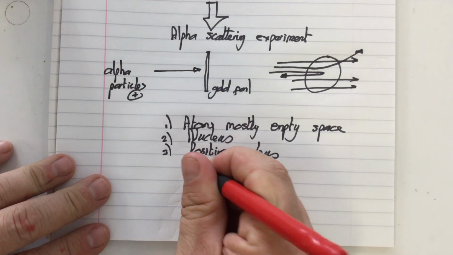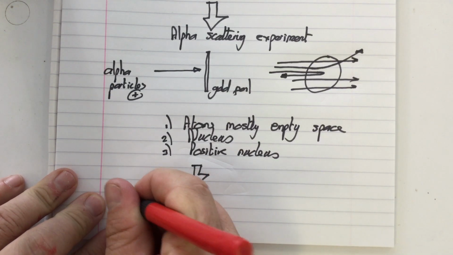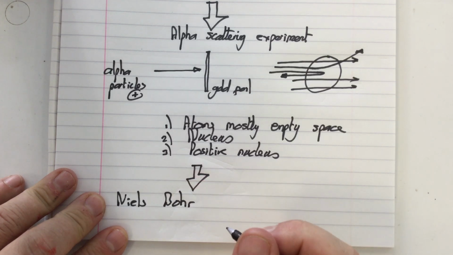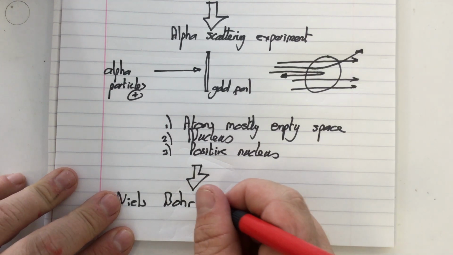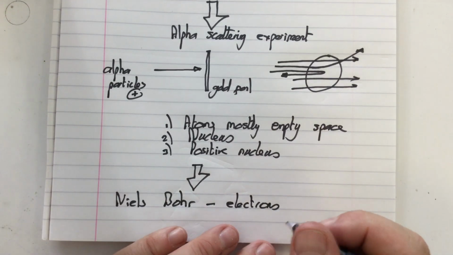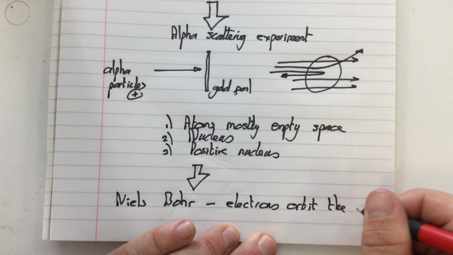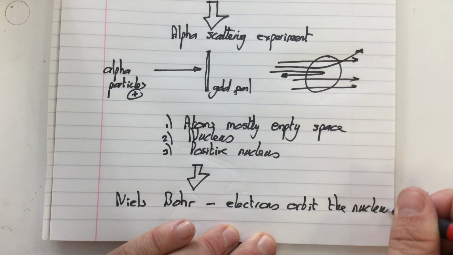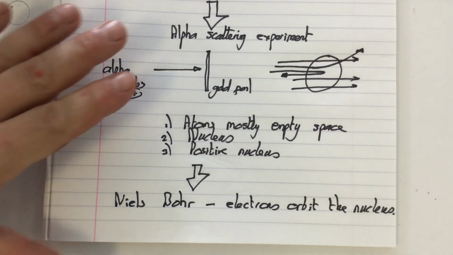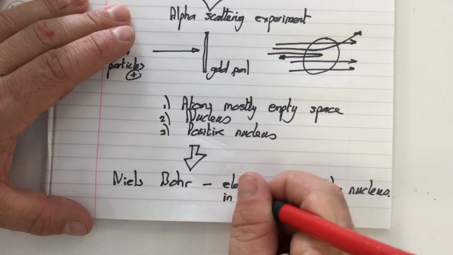Then, as other scientists looked at it, Niels Bohr adapted the model to say that the electrons orbit the nucleus. They go around the nucleus in shells. So Niels Bohr added shells to the model.